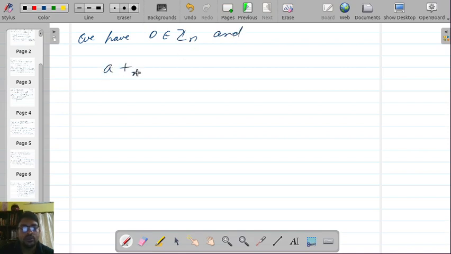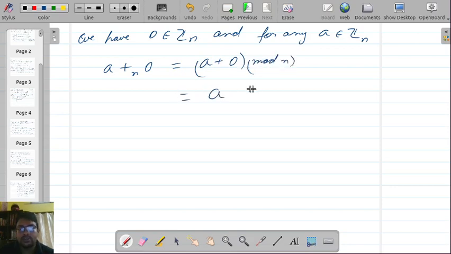For any a inside Zn, a plus modulo n 0 is the remainder when a plus 0 is divided by n. But what is a plus 0? a plus 0 is a only, so it's a mod n.